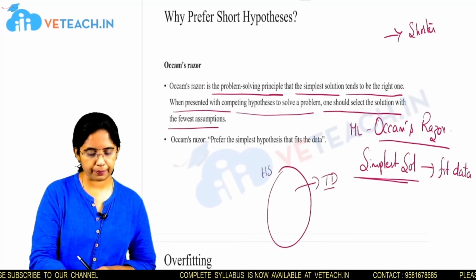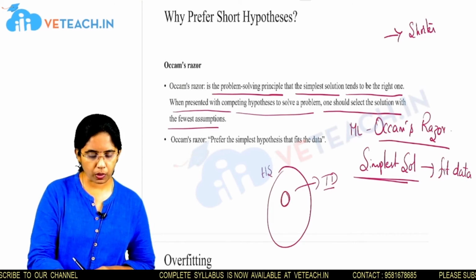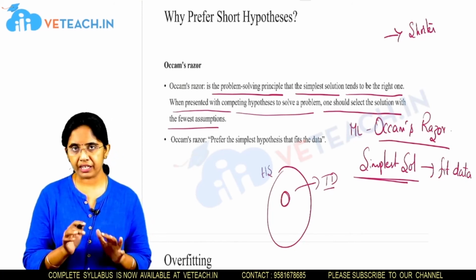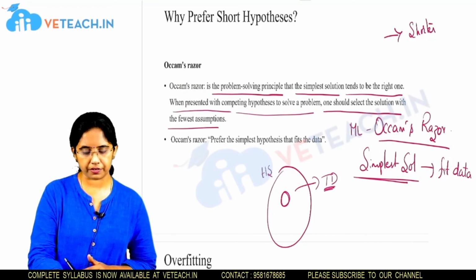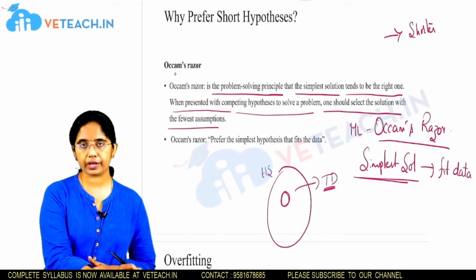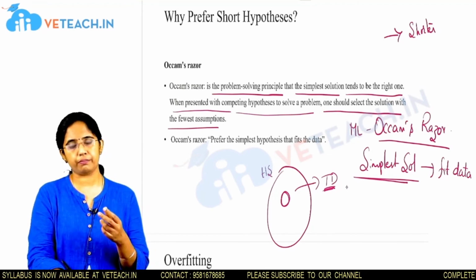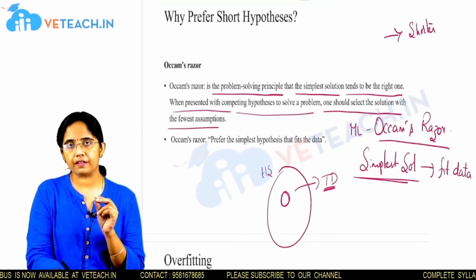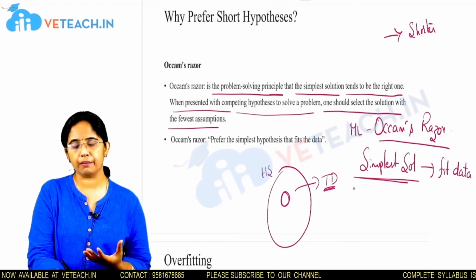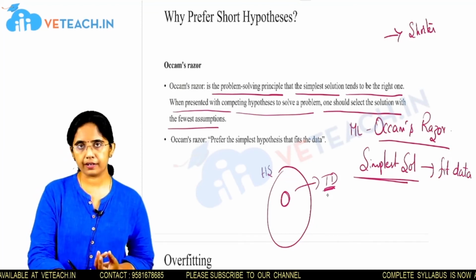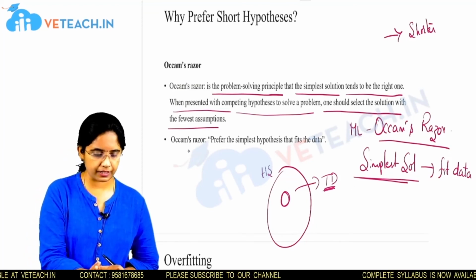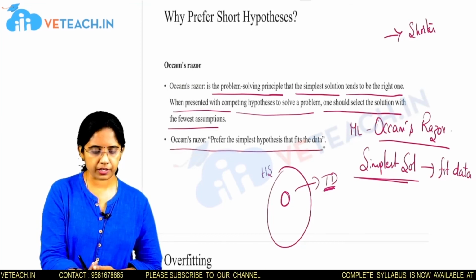Suppose this is your hypothesis space, I need to pick one hypothesis which completely fits all the instances of your training data set. So what does Occam's razor say? It says to pick the smallest tree that will fit. So don't make your tree complex and don't make the model complex. So this is what is called the Occam's razor principle.